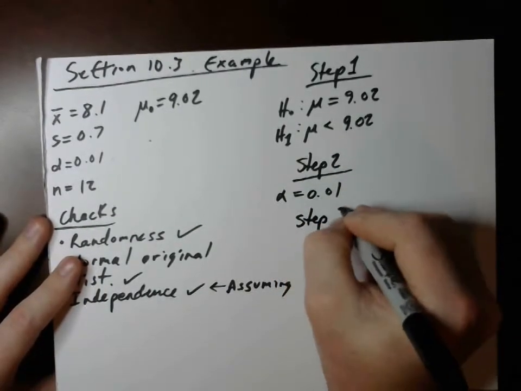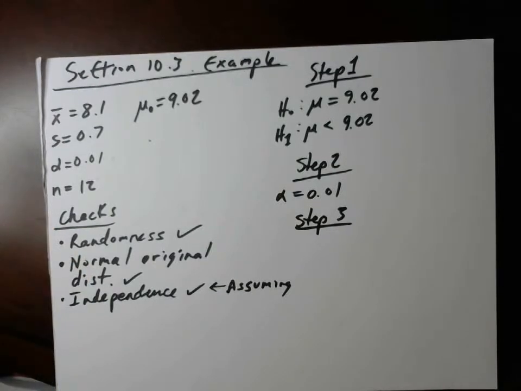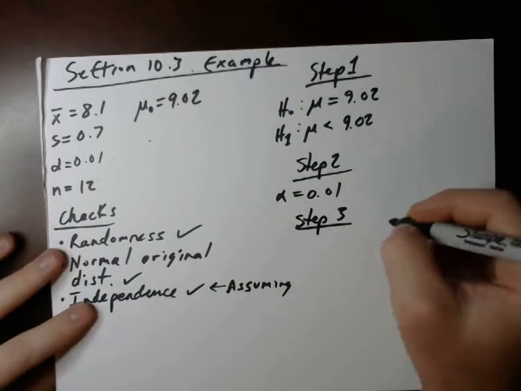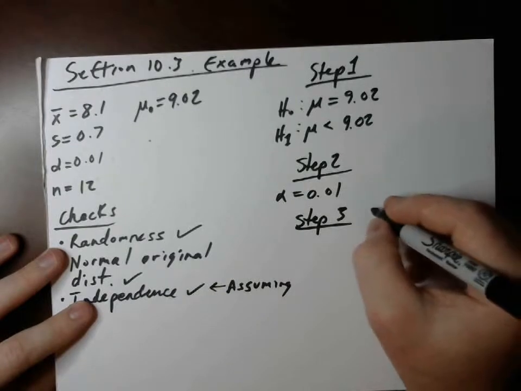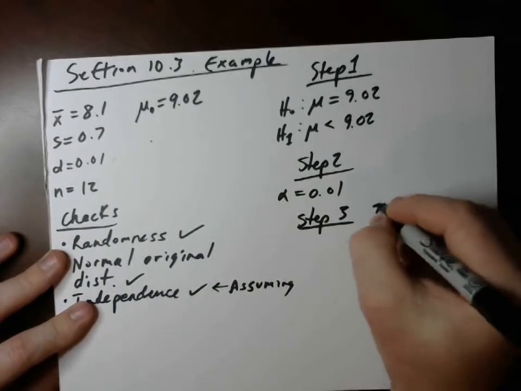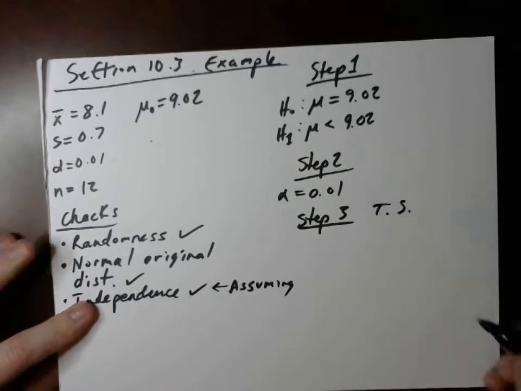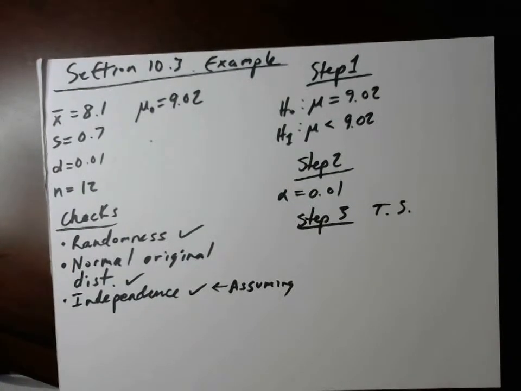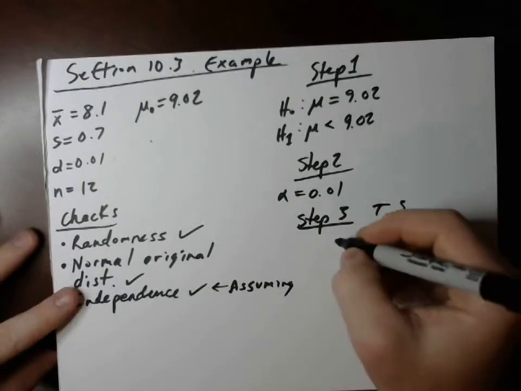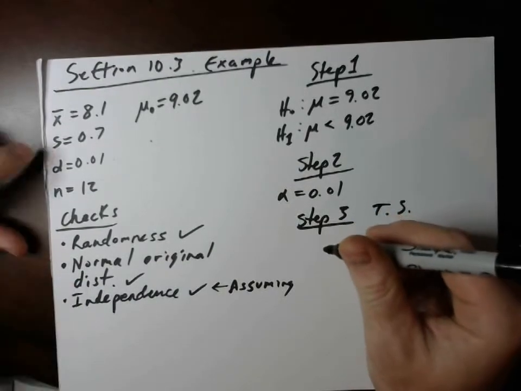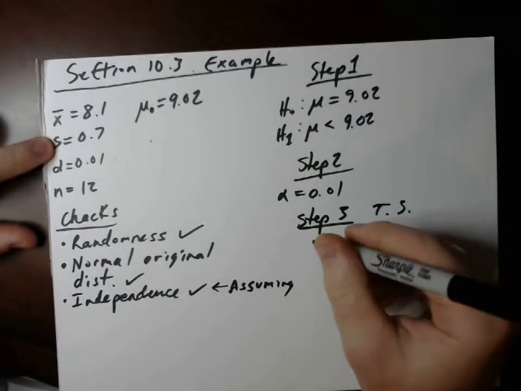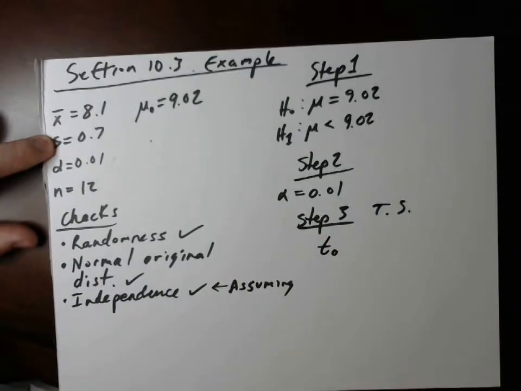Step 3. Now this represents the test statistic and all of our calculations involved. So our test statistic, I'll just put TS. Now, if you remember, similar to Chapter 9, we're not following a standard normal distribution. We're not dealing with Z anymore, with a measurement of mean, because we don't know sigma. We know S. So it follows a T distribution. So our test statistic is a T naught.